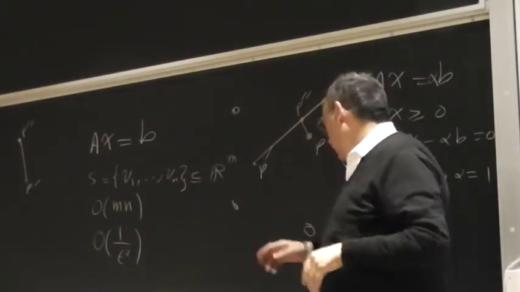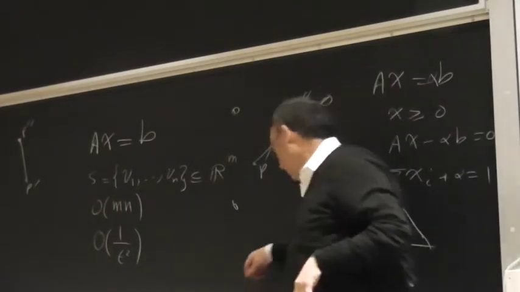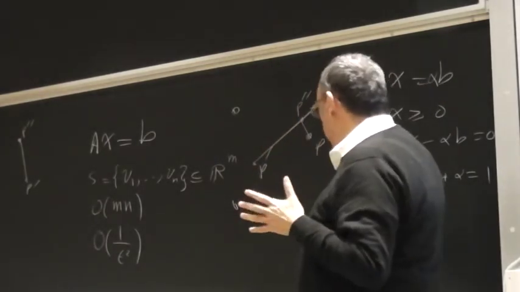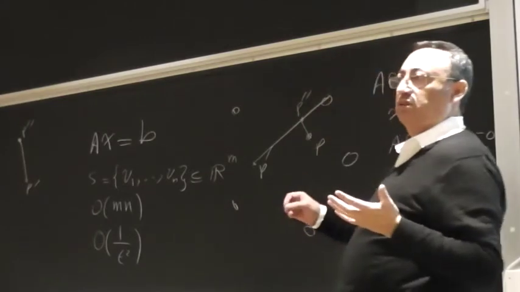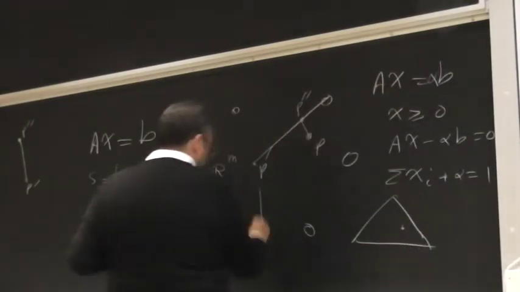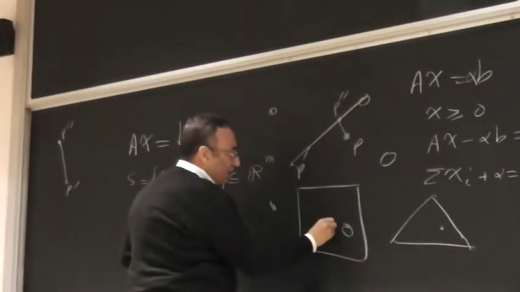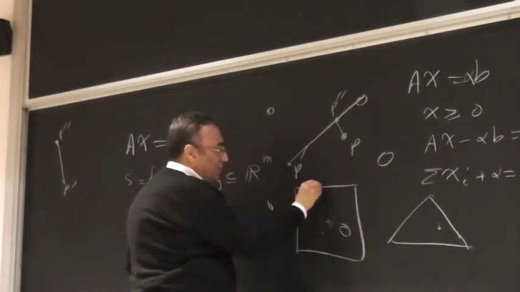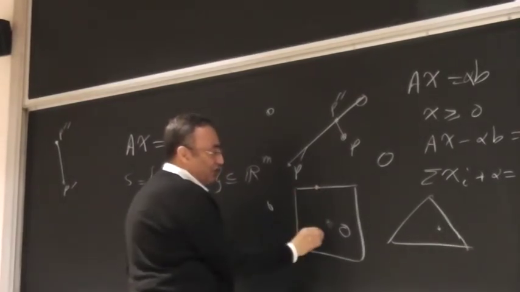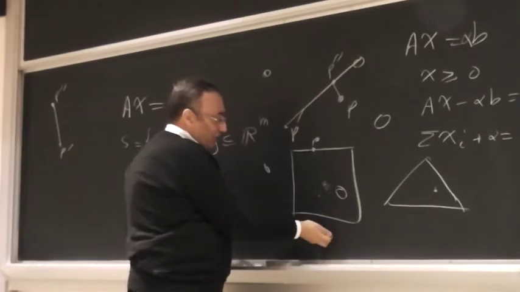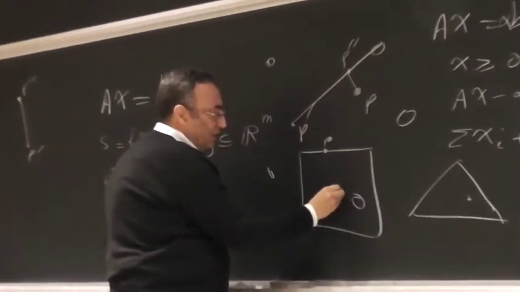One more thing I can say, and then I'm done, is that this triangle algorithm suggests interesting possibilities. Let's say I have a rectangle and a point P, and I start with P prime here.